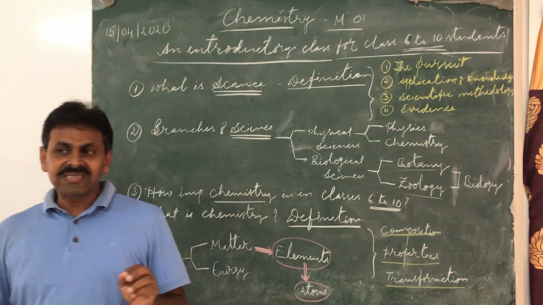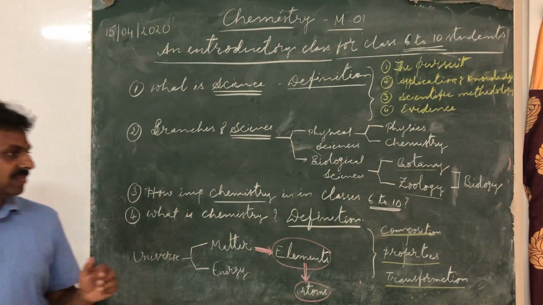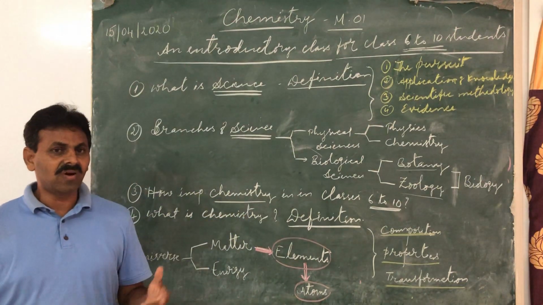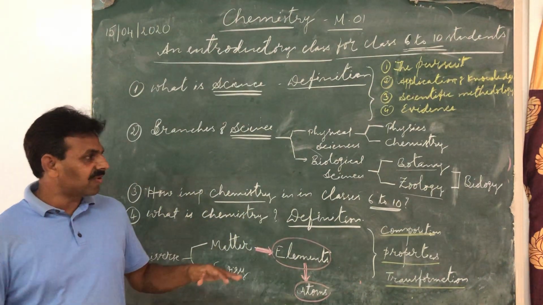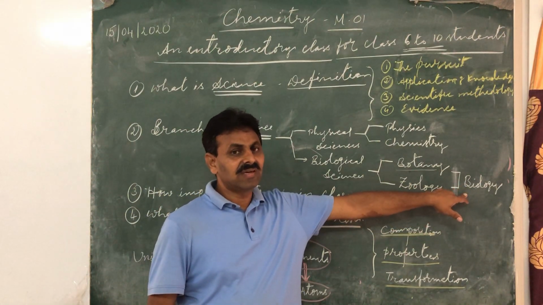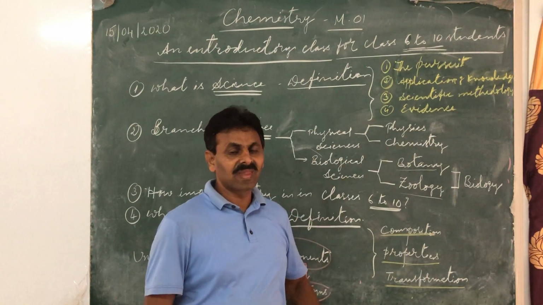if you are taking the science stream, I am talking about intermediate education or plus 2 level, if you are going for biology in intermediate, then you will have to study chemistry and physics.